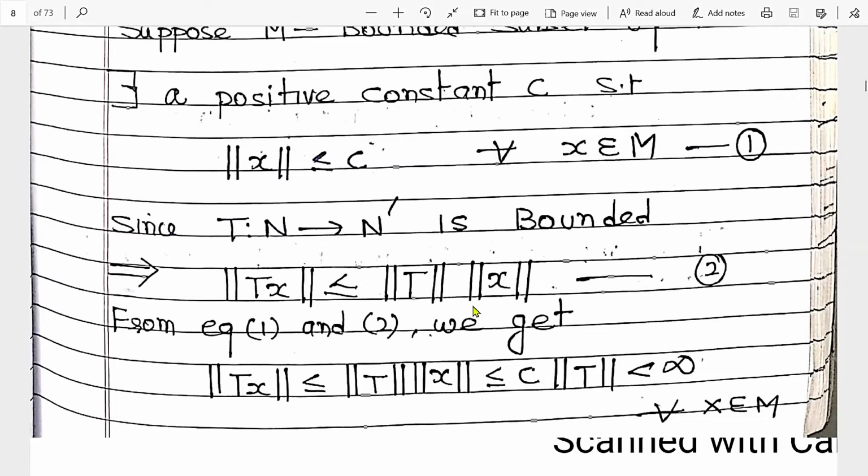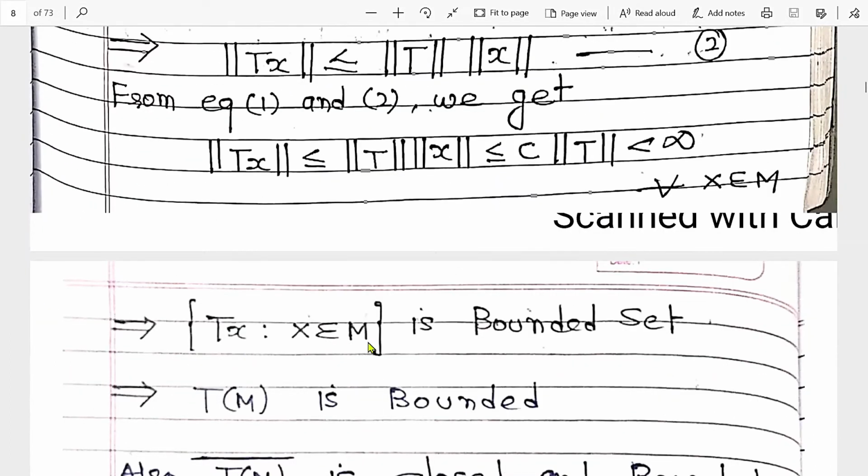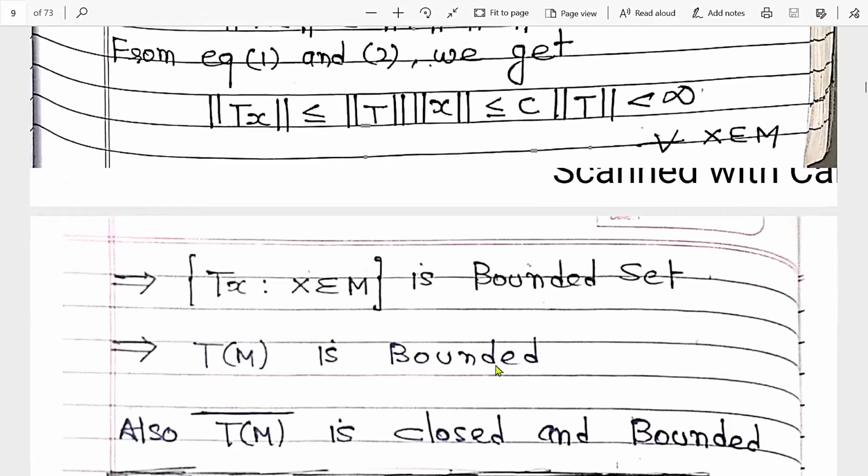Now by equation 1, this is less than or equal to C times norm of T, and this entire term is less than infinity. So norm of Tx is less than infinity, which means T(x) for every x in M is a bounded set. Then it implies T(M) is a bounded set.